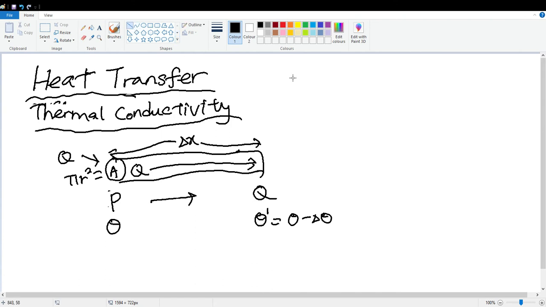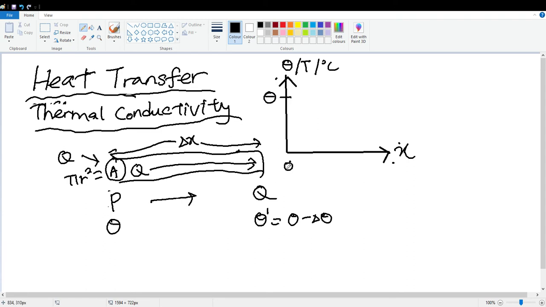So let me describe this in terms of a graph. Alright, so this is my temperature, T, and this is my x. This is in degrees Celsius, of course, and let's say this is my theta, where the point is located.